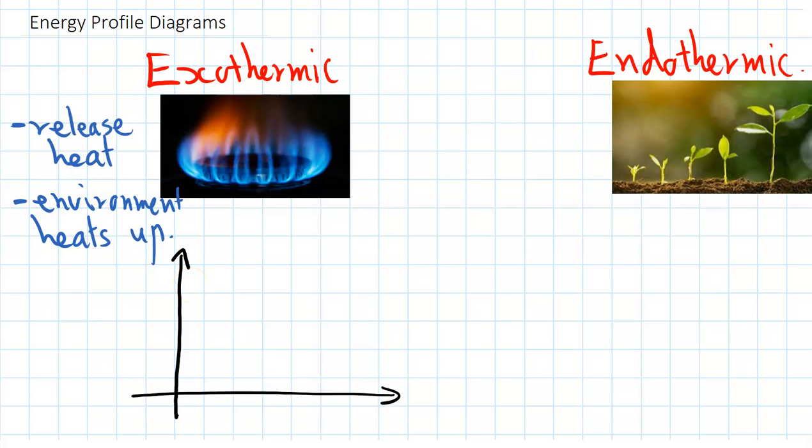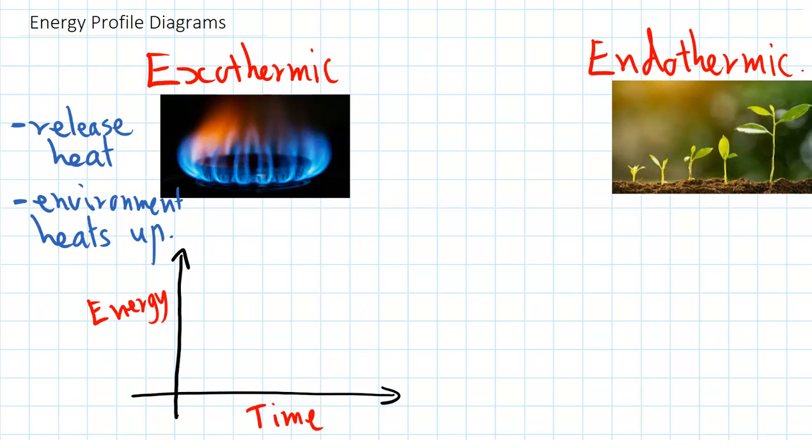So what the profile diagram is measuring is time along the bottom, because we're watching the reaction as it progresses. And then at the top, on the vertical axis, we're measuring energy, because we're seeing how much energy is in those chemicals, in the reactants compared to in the products.